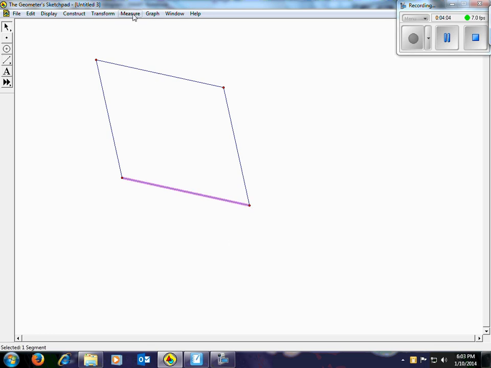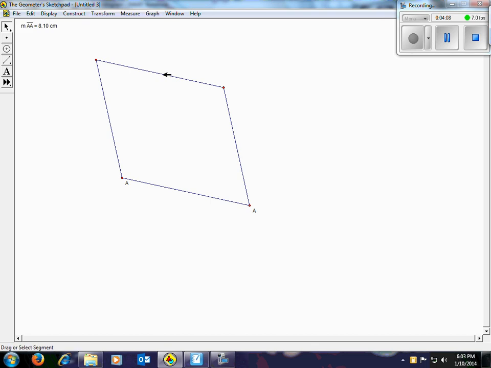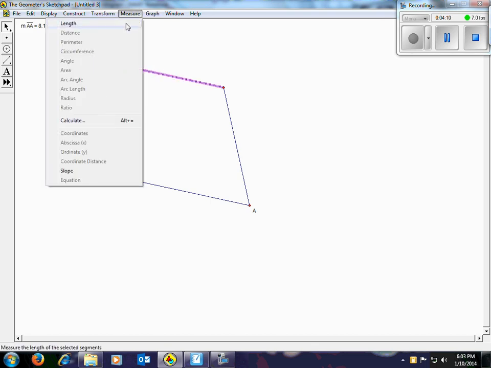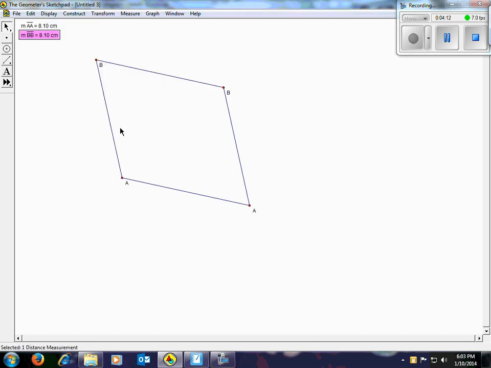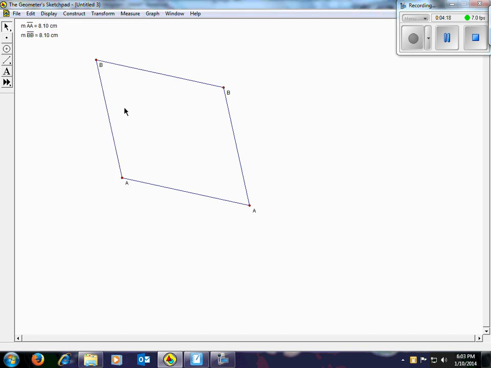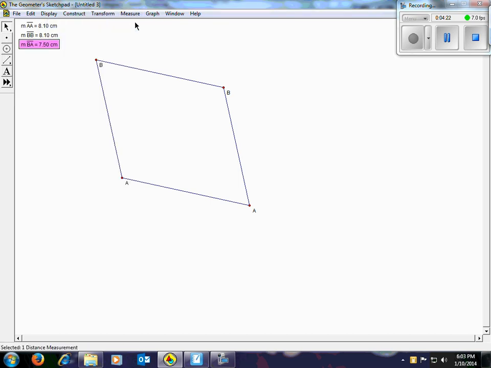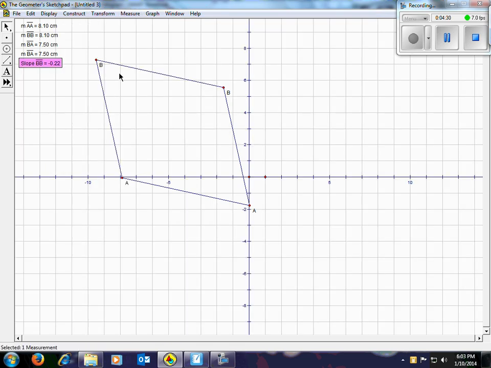So the measure of that is 8.1. The measure of that one is 8.1. I don't know why it named it AA and BB. Then the measure of this line should be the same as the measure of this line, which is true. Now the last thing I have to test is all my slopes. My slope is negative 0.22.